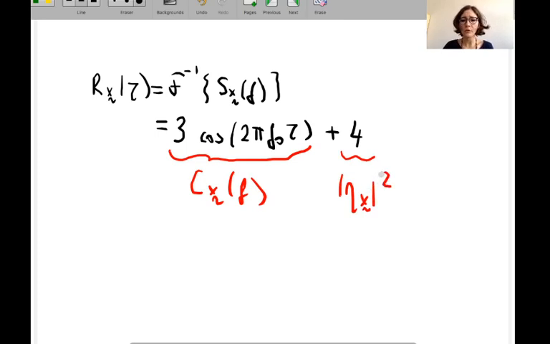So actually, we also know that, although nobody gave us the process in the first place, by looking at the decomposition of this autocorrelation function, the mean value of the random process should be, well, its square is 4, so the mean of the random process should be equal to 2. Okay.